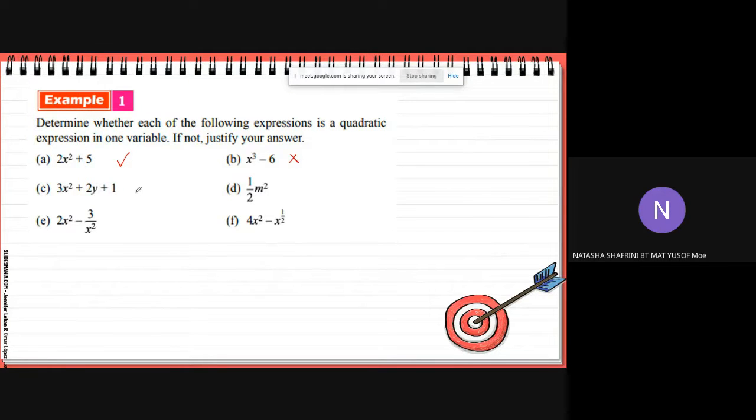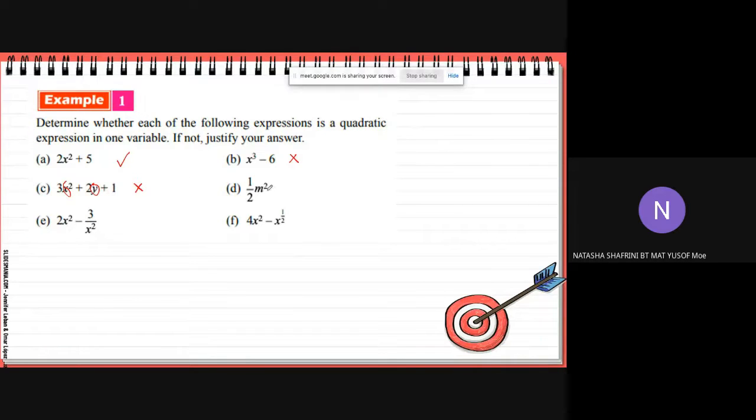Ada dua jawapan ni. Yes ada, no pun ada. Okay, the answer is no. Siapa jawab yes, salah. 2 alphabets or 2 variable, 2 unknown because kita ada X and Y. So, dia mesti only one variable, cannot two variable. Yes, the answer is no. Dia bukan quadratic expression because we have 2 unknowns.